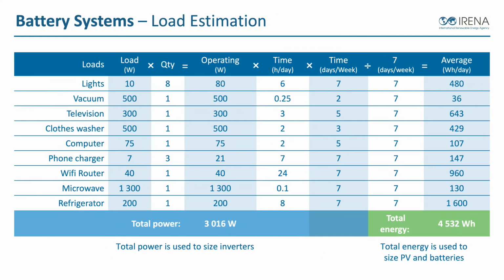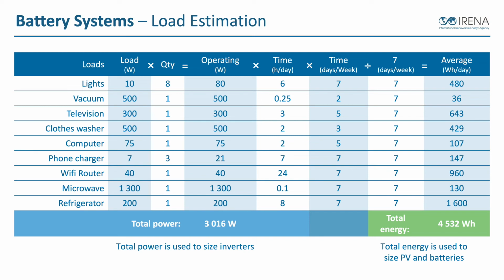Now, as we go into thinking about if I'm going to design a battery system, okay, so if your application for solar is battery based, either off-grid, standalone, or a backup power type of battery system, we need to do a much more in-depth load estimation. So this is a very basic load estimation table or spreadsheet of sorts.